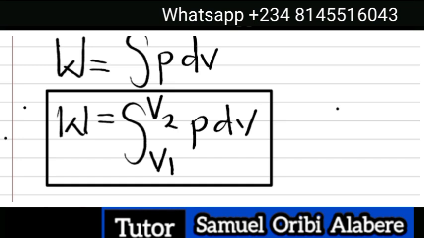So therefore, this is the formula for work done in a thermodynamic system.